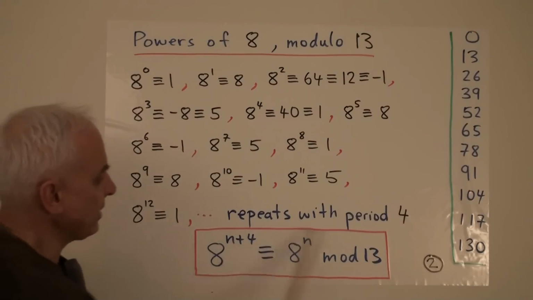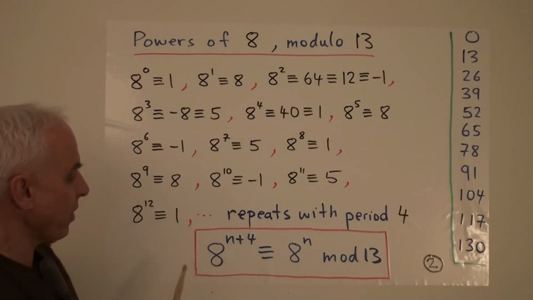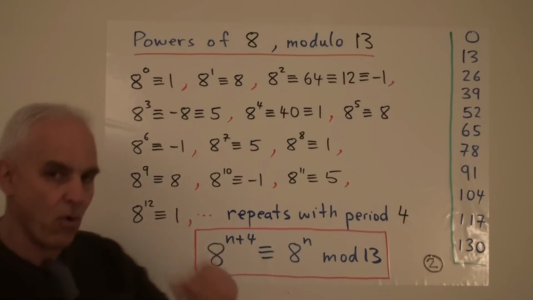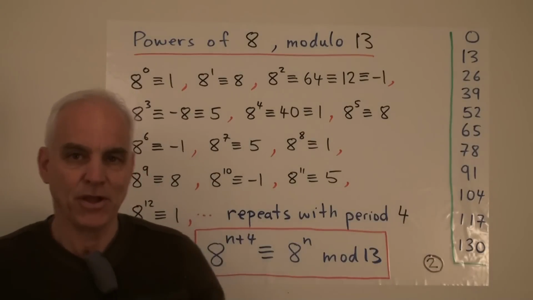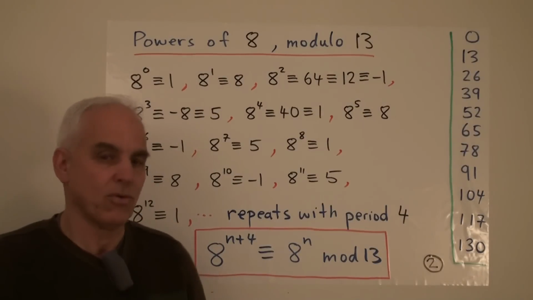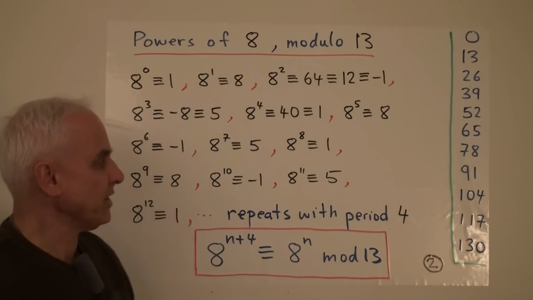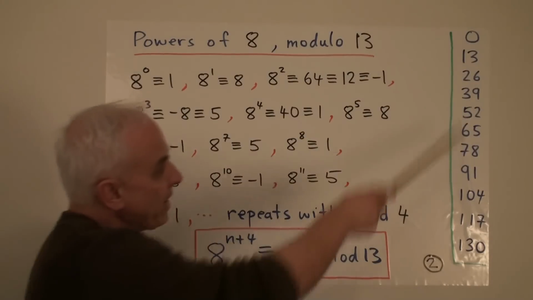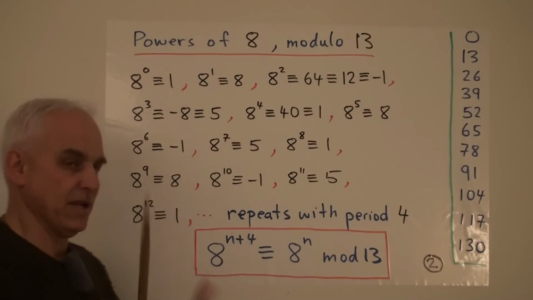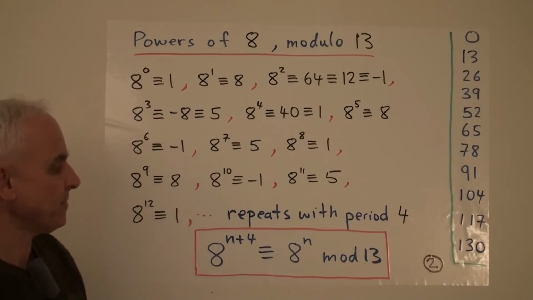And we can summarize that in this little formula here that says that 8^(n+4) is congruent to 8^n. So when you add 4 to the exponent, you haven't changed the residue or the remainder mod 13. And on the right hand side here I've just listed some of the multiples of 13, which is convenient if you're doing this kind of modular arithmetic, say mod 13.